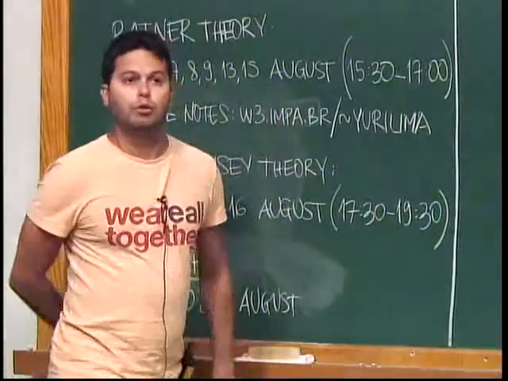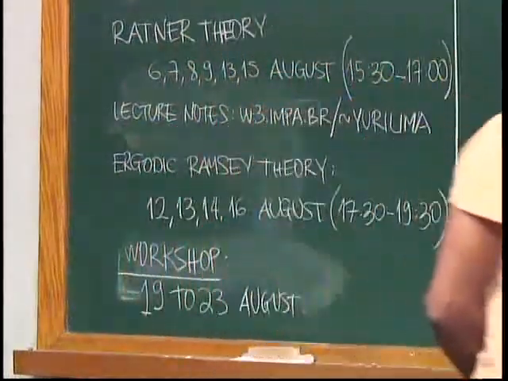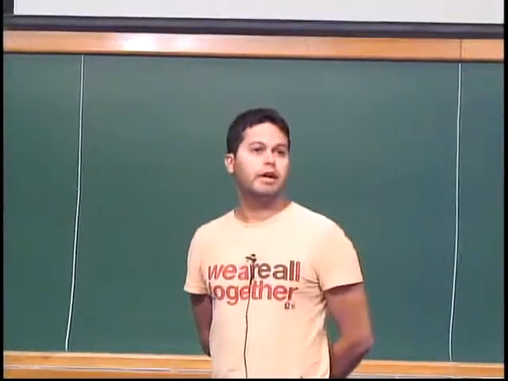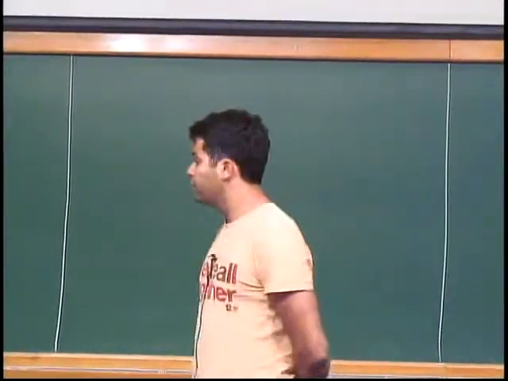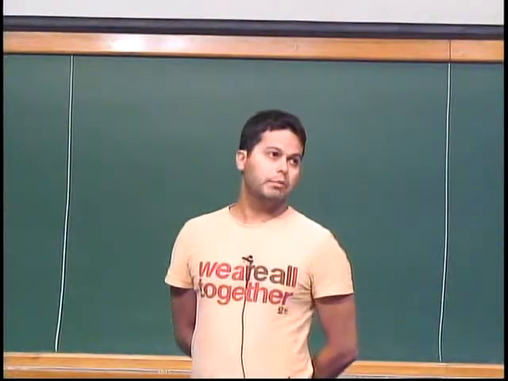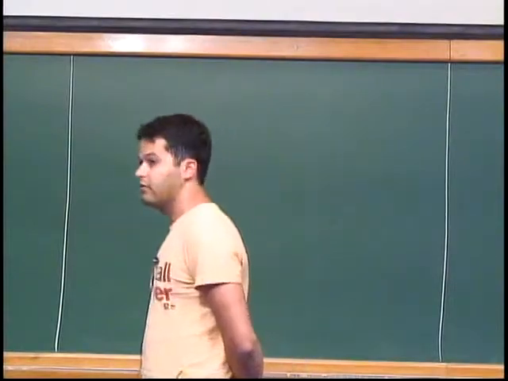Who didn't register in the website should register. During the workshop we will also have a Magna talk by Elon Lindenstrauss. He will give 2 talks in this week of the workshop. One will be the Magna talk and the other one will be the talk itself of the workshop.